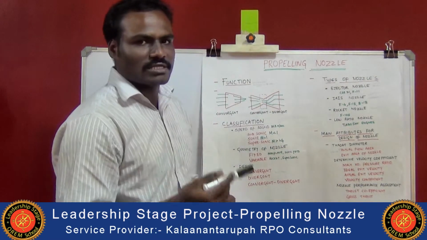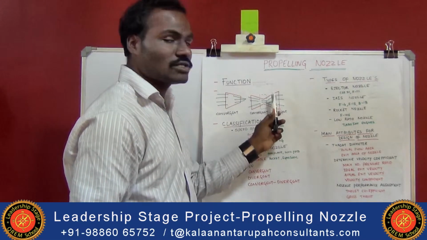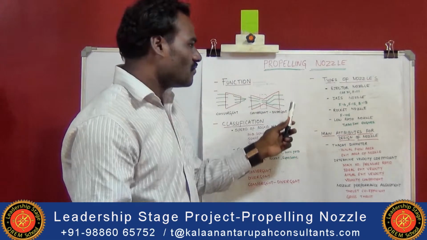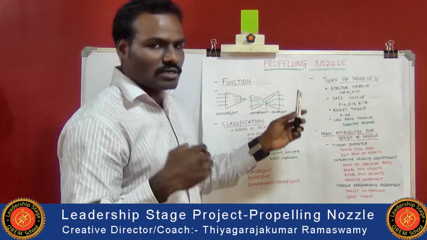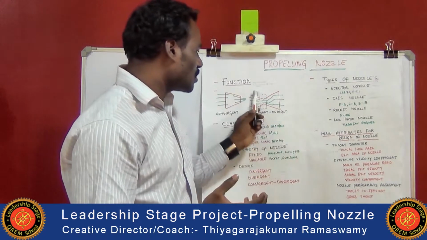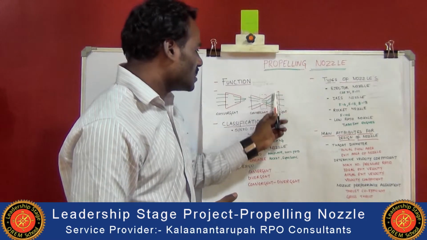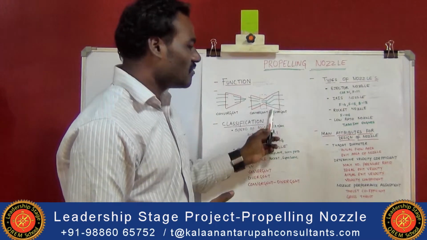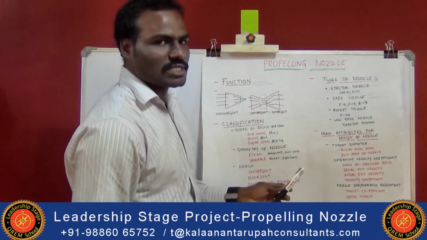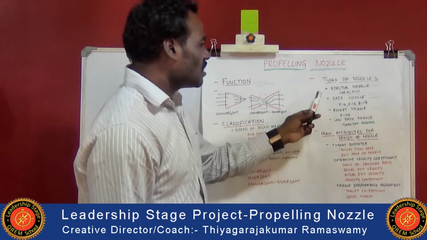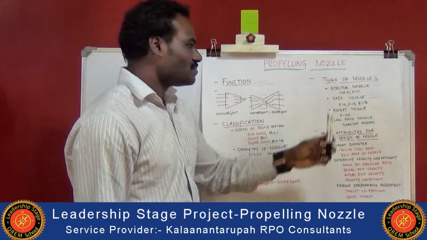After that, they expand over this area, so the velocity of the exhaust gas is high compared to the inlet area of the nozzle, that is the convergent nozzle. In the divergent nozzle, we can get a better velocity of the gas released by the engine. These kinds of ejector nozzles are used in the SR-71 and F-111.